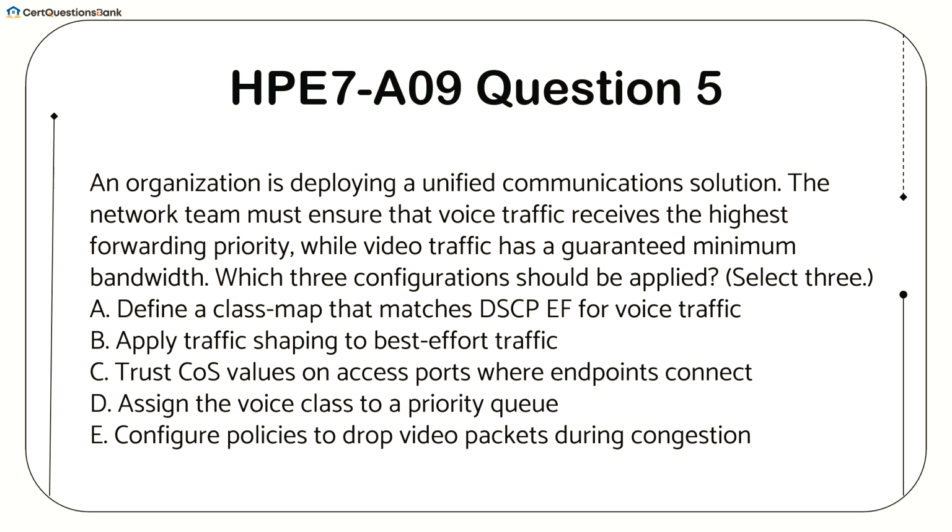B. Apply traffic shaping to best effort traffic. C. Trust CoS values on access ports where endpoints connect. D. Assign the voice class to a priority queue. E. Configure policies to drop video packets during congestion.